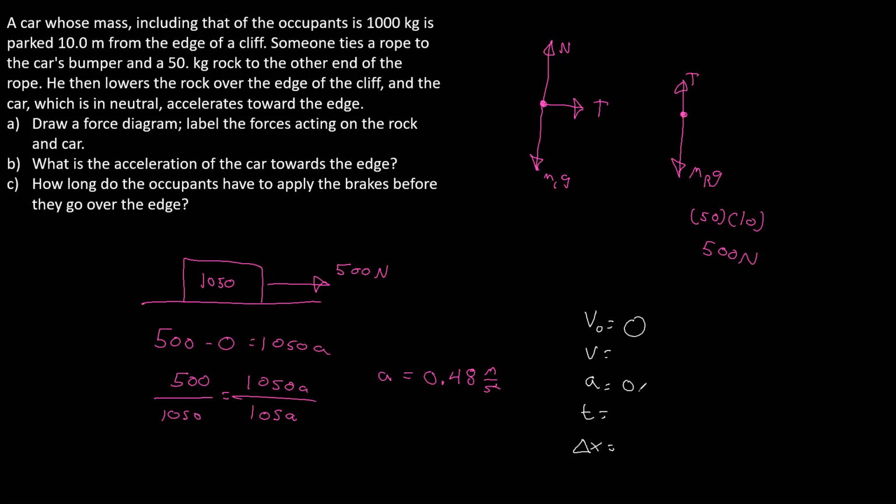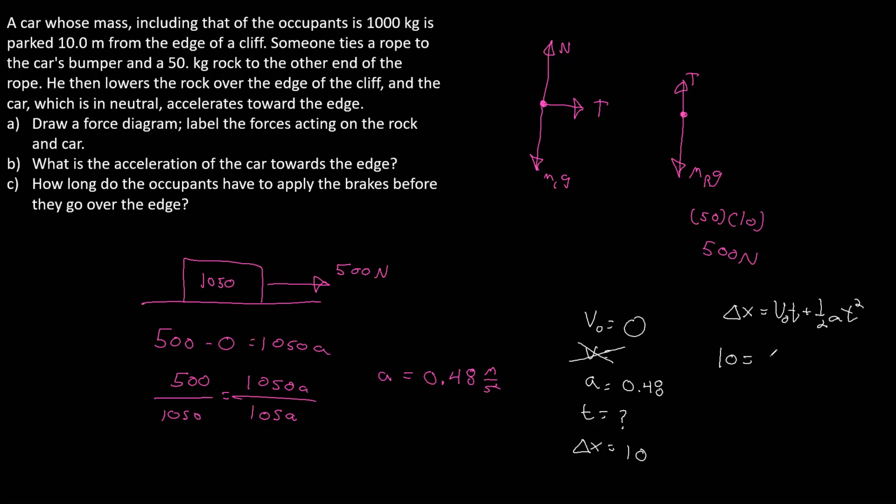You have an acceleration of 0.48 meters per second squared, and it says they are 10 meters from the cliff. So I want time, I don't care about V, so I use my equation without V in it, which is delta X equals V naught T plus 1/2 AT squared.